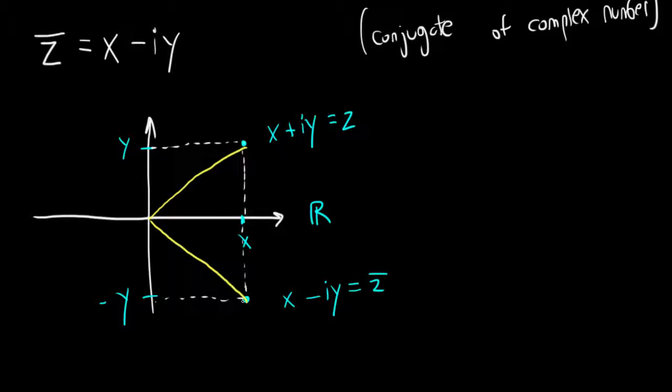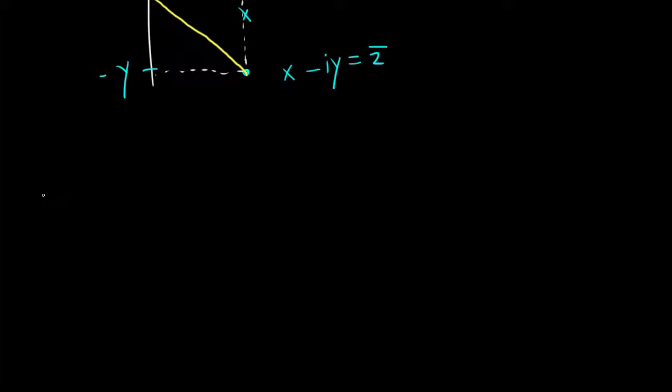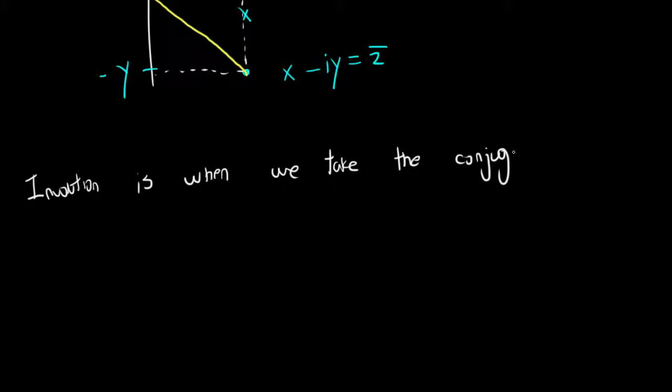Now, one thing we want to look at is some properties of this. And this is something that if you've seen anything related to set theory, it's going to be really easy and it's not going to be anything complicated. So what we call involution is when we take the conjugate twice. And essentially, you can probably guess what's going to happen. Like if you were to multiply something by a negative number 2 times, like say -1 twice, you're going to get back to where you started.